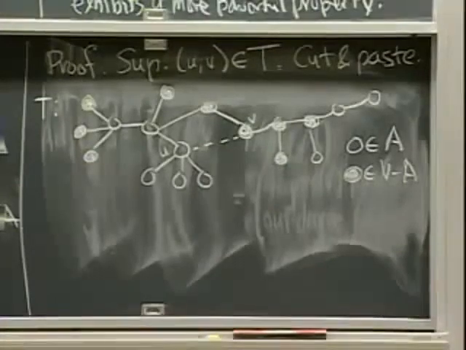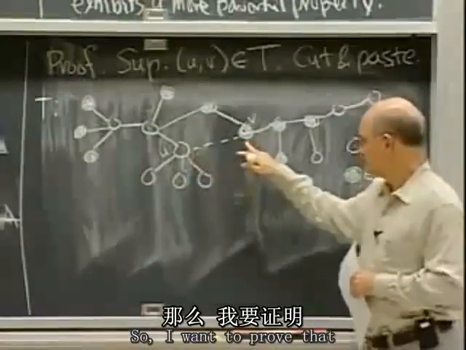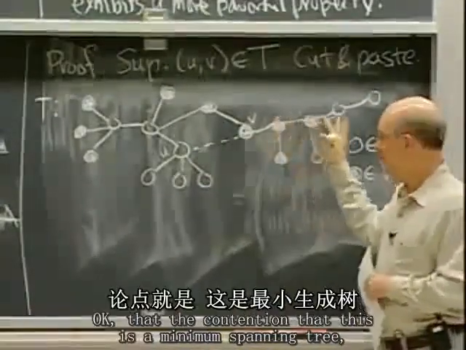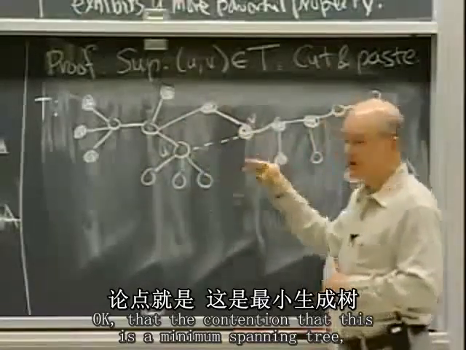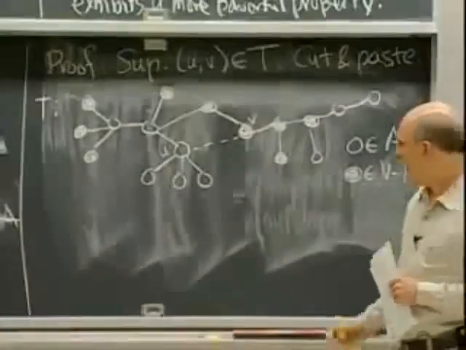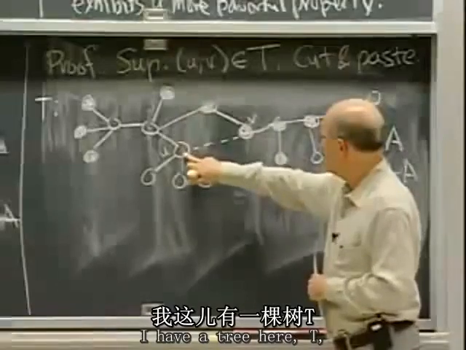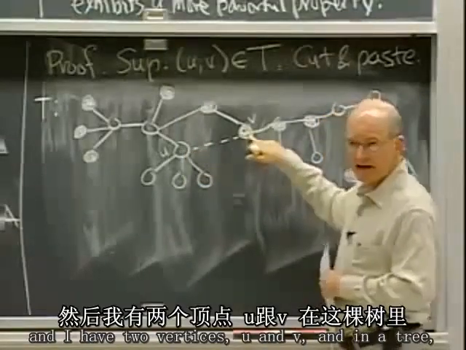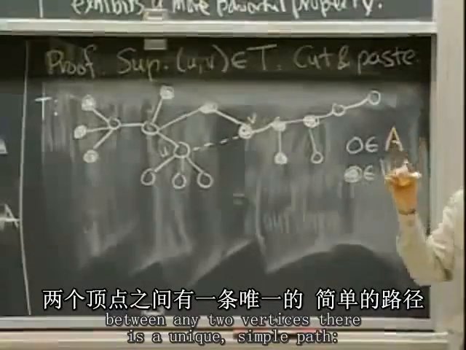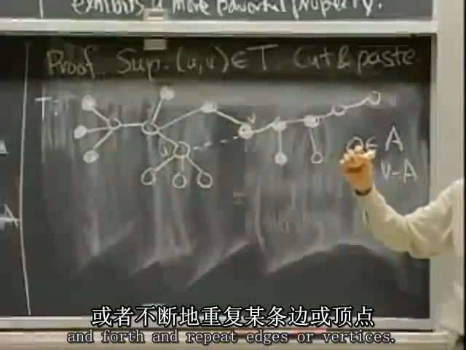Okay, so everybody see the setup? I want to prove that this edge should have been in the minimum spanning tree, that the contention that this is a minimum spanning tree and doesn't include UV is wrong. So I have a tree here, T, and I have two vertices U and V, and in a tree, between any two vertices, there's a unique simple path. Simple path meaning it doesn't go back and forth and repeat edges or vertices.